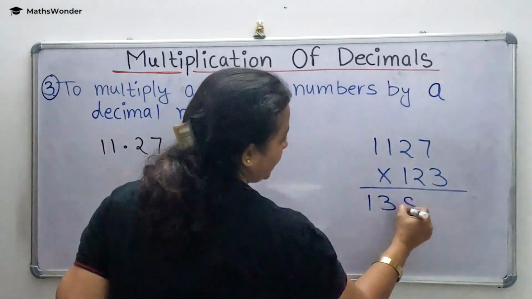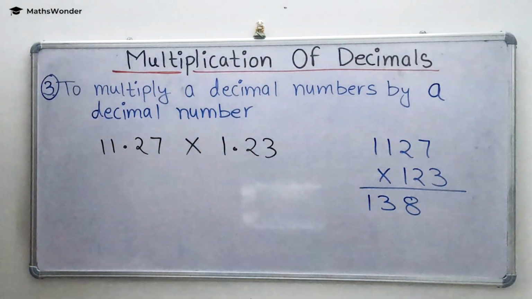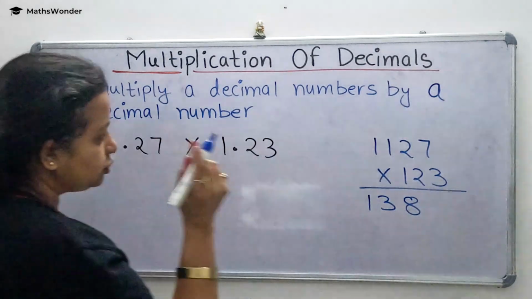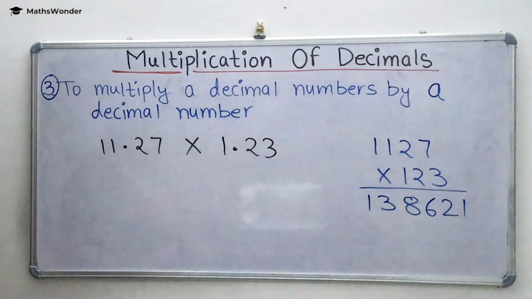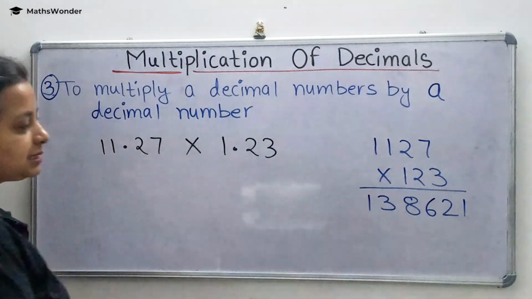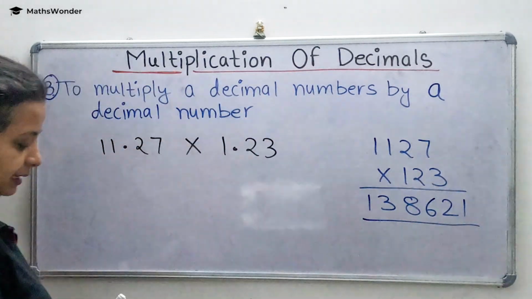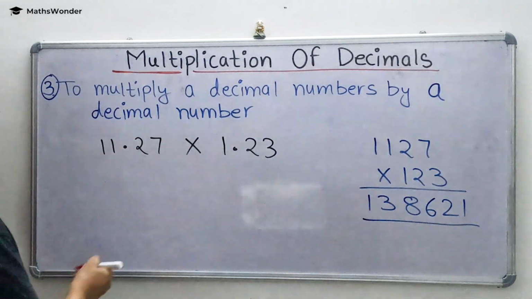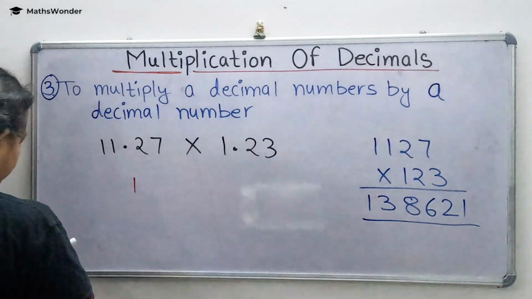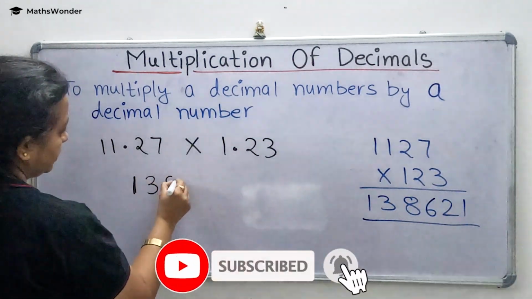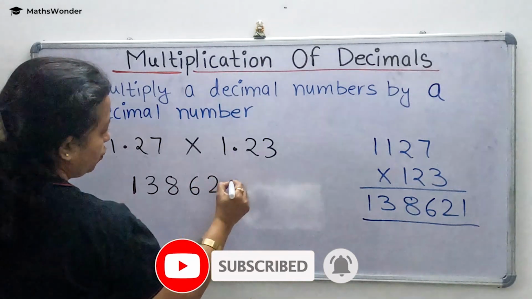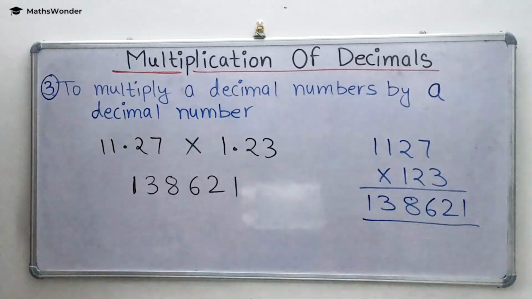When you do normal multiplication, you will get this answer. Now write it down with this one. So 138621. This is your product.